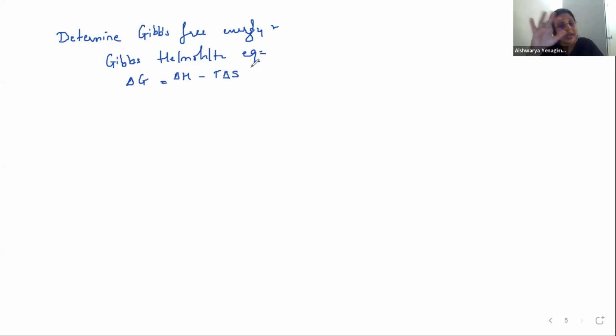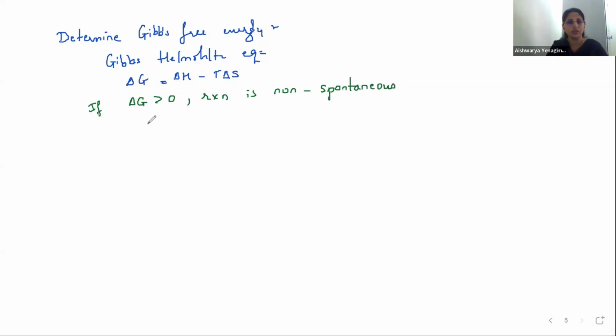Let us not go into the detail of this particular equation. But what do we understand from this equation? Tell me. If delta G is greater than 0, a positive value, then the reaction is non-spontaneous.